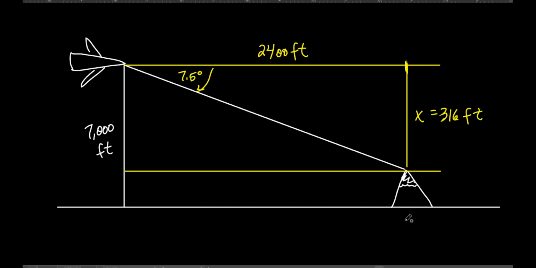How do we find the whole entire mountain? From here to here is 7,000. That's right. Now this is not drawn to scale, obviously, but it's 7,000 minus 316, and you'll get 6,684. That's the kind of stuff that you're going to be doing, and that's how you actually use trig functions for a practical reason.